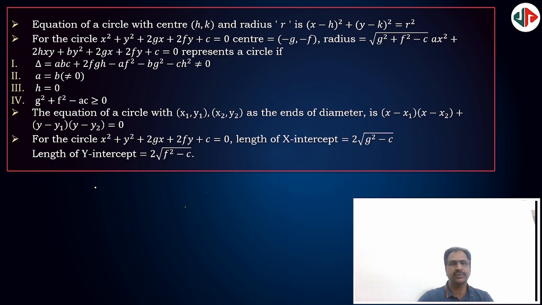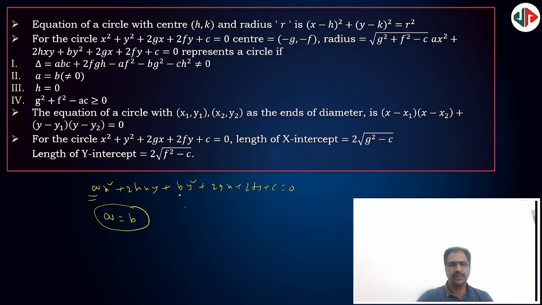What are the conditions for a second degree equation in x and y, that is ax square plus 2hxy plus by square plus 2gx plus 2fy plus c is equal to 0, to represent a circle? The coefficient of x square should be equal to the coefficient of y square, that is, a should be equal to b.